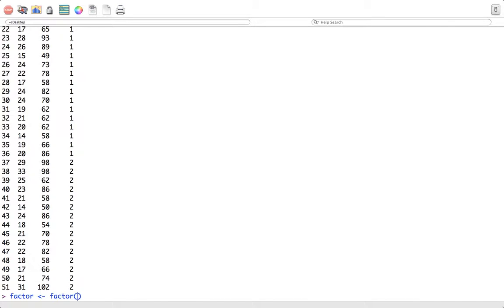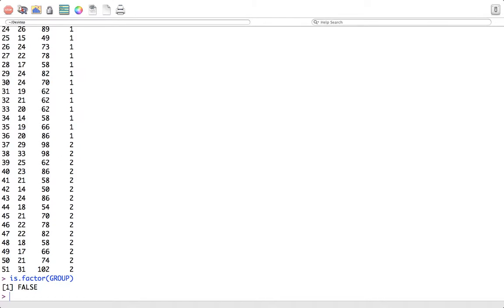And I'm going to take the factor of group, and let me show you something that you can do. Anytime you're wondering if R is seeing a particular variable as a factor, you can just run what's called is.factor, and it shows you false. So considering the assumptions of ANCOVA, where we've got a quantitative dependent variable and our independent variable must be categorical, then we've got an issue here.